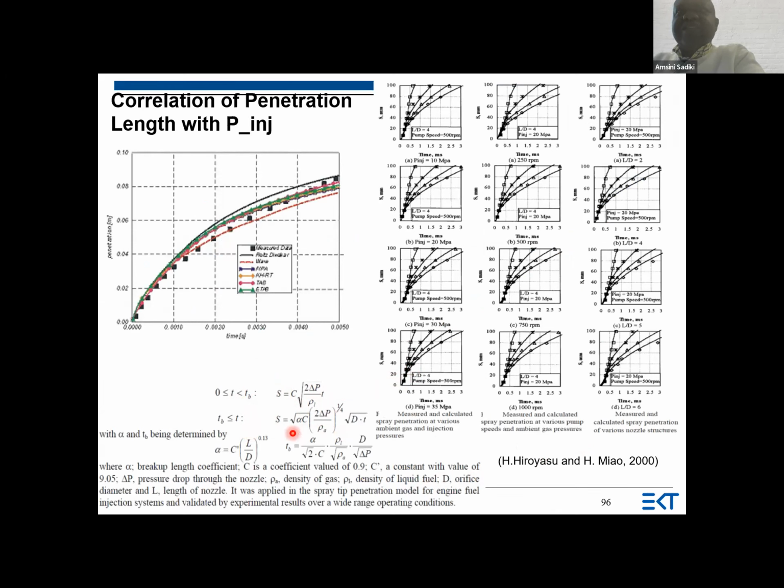We have the parameter alpha, depending on this ratio, and this is the time of the breakup. It depends on this ratio of density, and also the pressure. The different coefficients are given here.